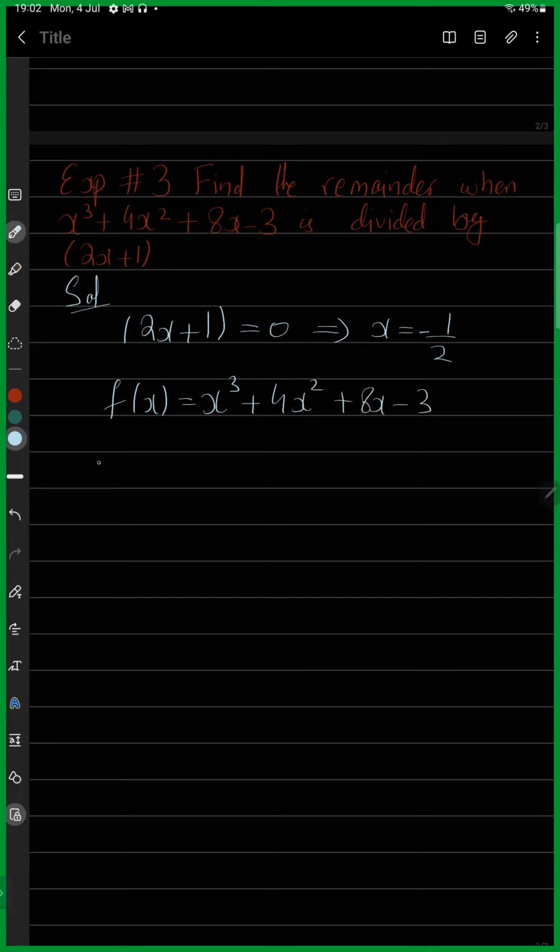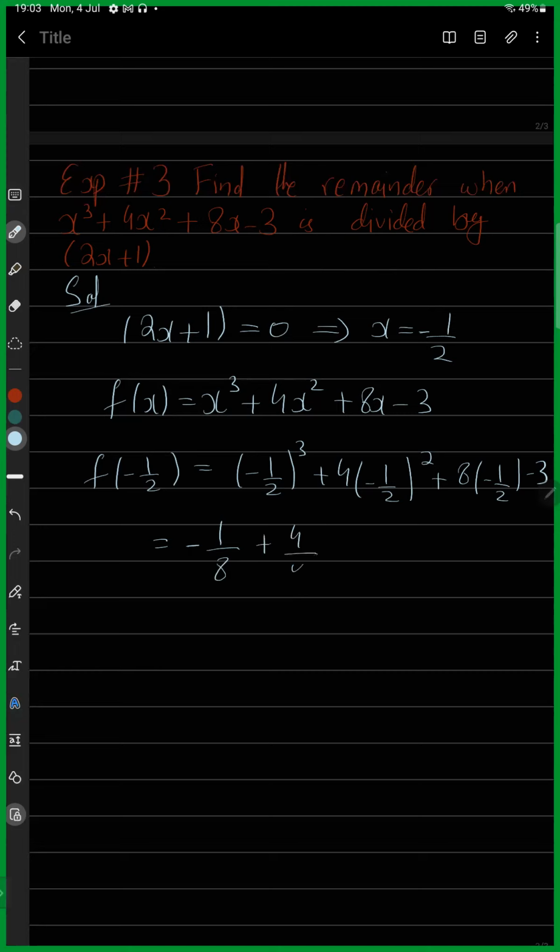So f of minus 1 by 2 would be minus 1 by 2 cubed plus 4 into minus 1 by 2 squared plus 8 into minus 1 by 2, and then we have minus 3. So it would give me minus 1 by 8 plus 4 divided by 4 minus 4 minus 3. This would give me 1.